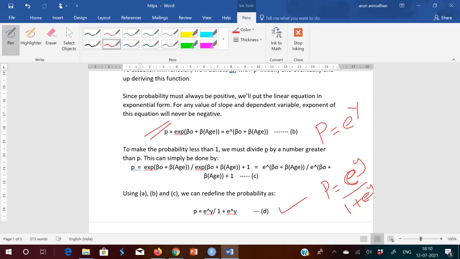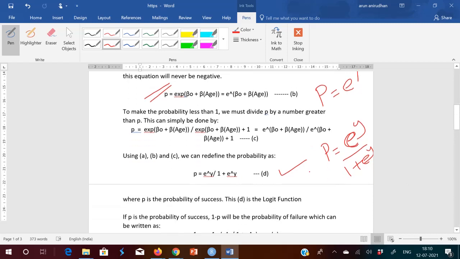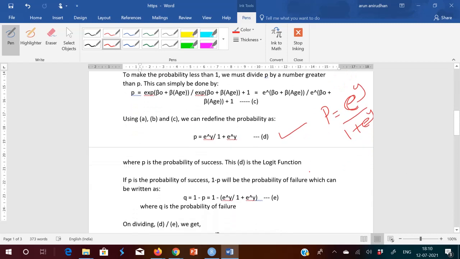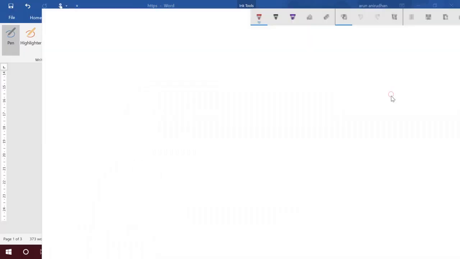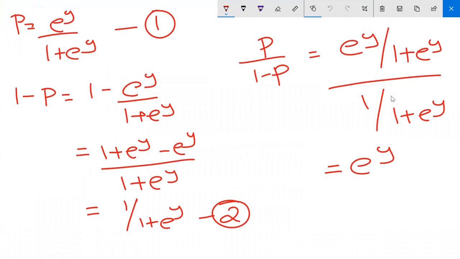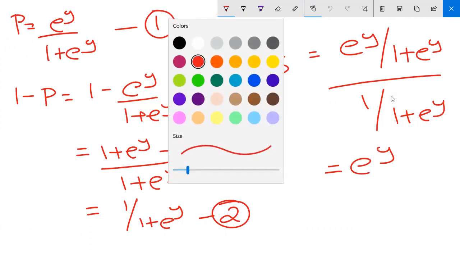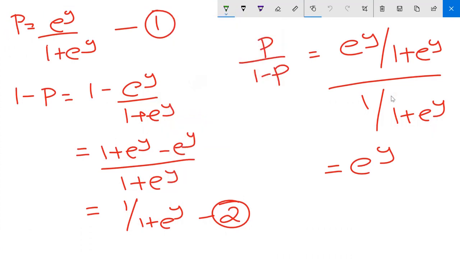Clear? And then what will be 1 minus p? Q equals 1 minus p. Here p equals e raised to y by 1 plus e raised to y, so 1 minus p will be 1 minus e raised to y by 1 plus e raised to y.